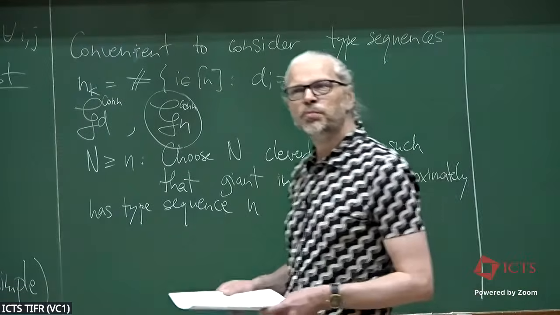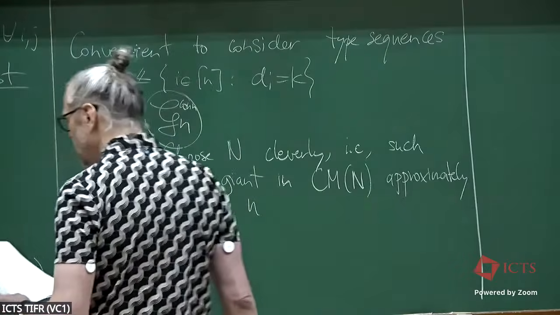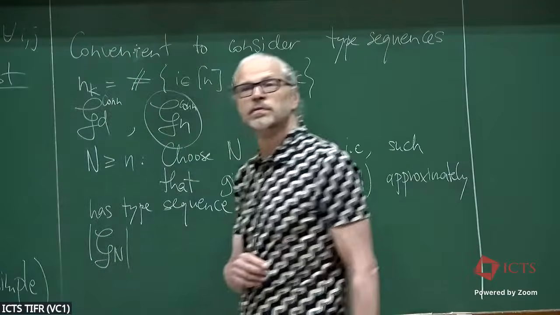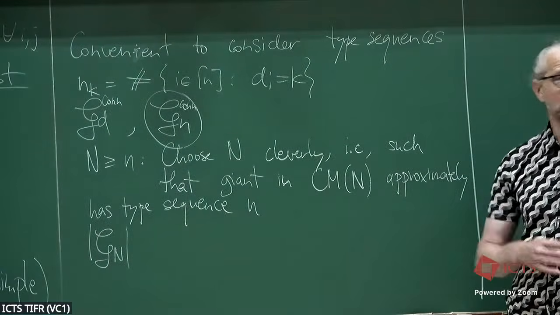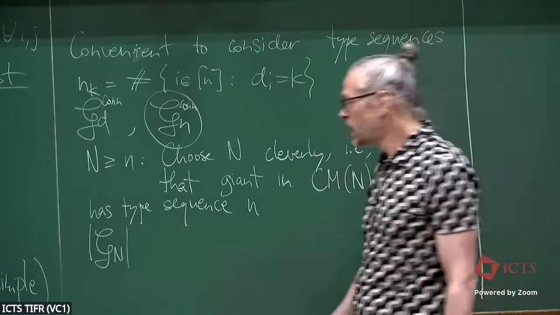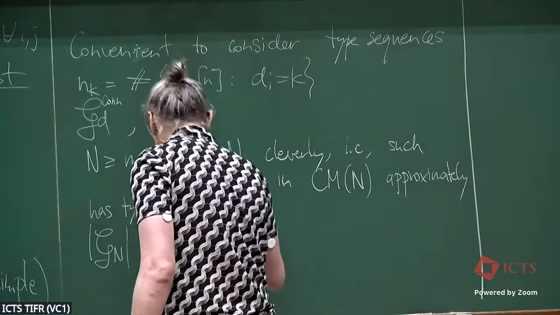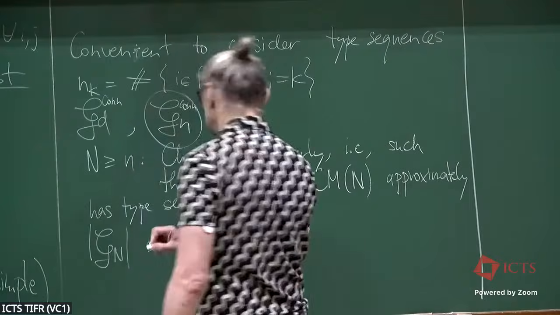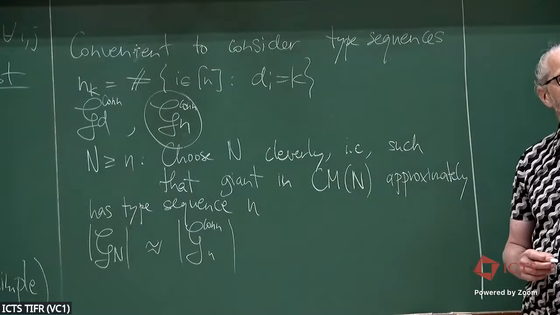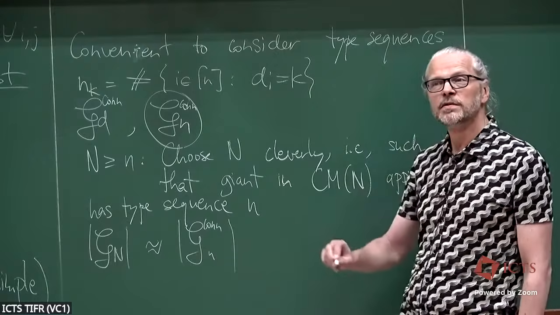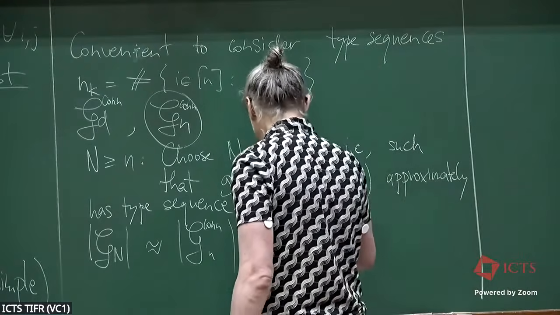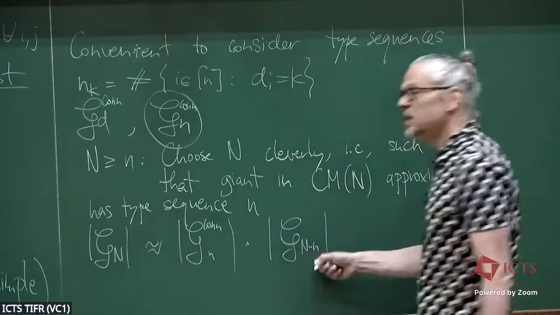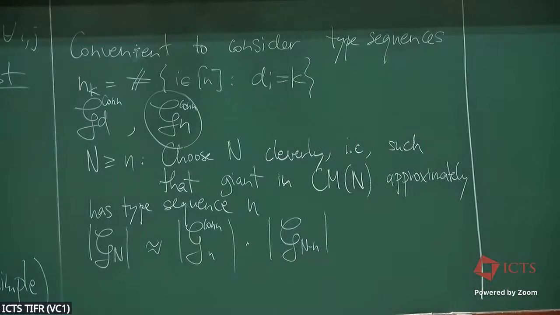Okay, so because of that, and simply by counting, we should therefore get that if I look at the total number of simple graphs with this type sequence, which I understand really well, that should be very closely related to the number of connected graphs, because that's the giant, with the smaller type sequence, times the number of remaining graphs. So these will have type sequence capital N minus little n.